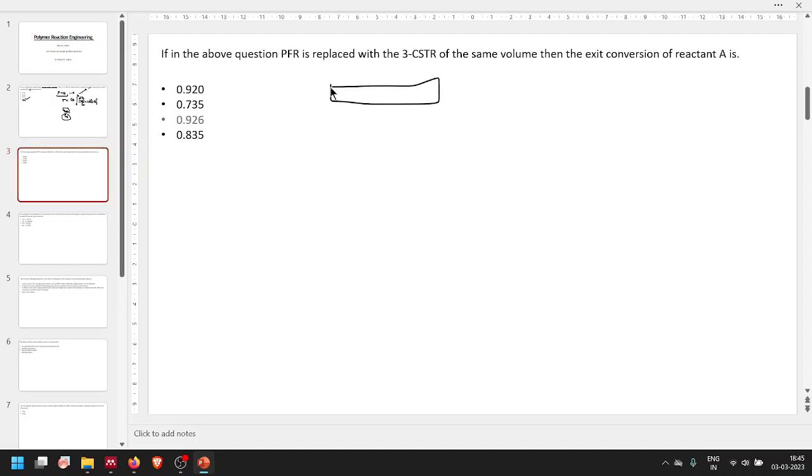So we are replacing an entire PFR with three CSTRs in series. In this case, we again need to equate the same equation for the second order reaction, but for a CSTR. So the performance equation of a CSTR will be like this.